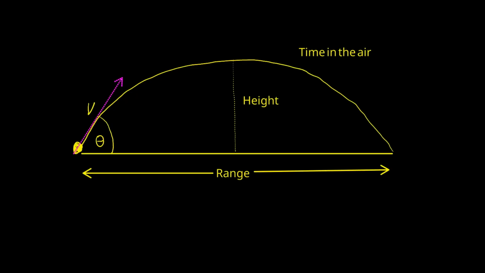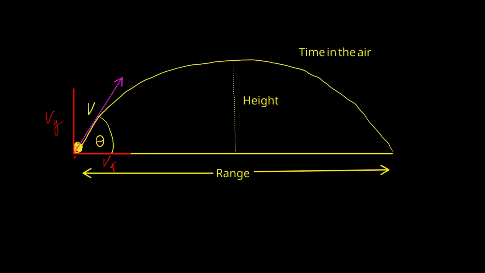With projectile motion, an object has velocity in two separate directions. In this example, we have a velocity going vertically along the y-axis. We also have velocity going along the x-axis. We'll say this is v sub x for velocity along the x-axis.